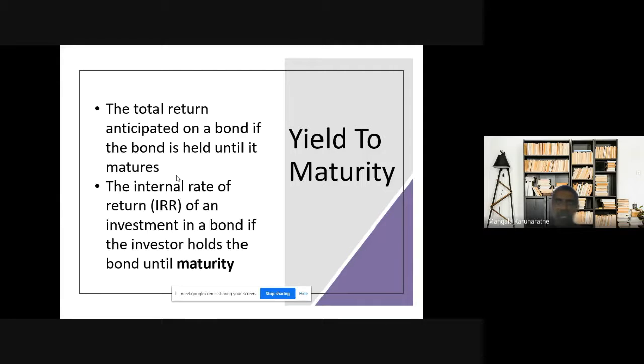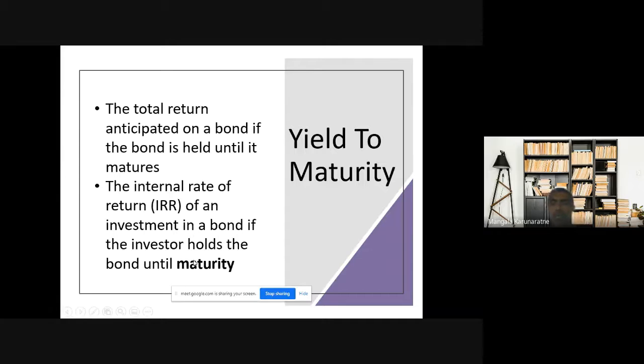The other one is AFS, available for sale, right? So there are certain rules governing these portfolios. When you transfer securities to these portfolios, we have different scenarios to make a decision on which portfolio we are going to put a security in, right?